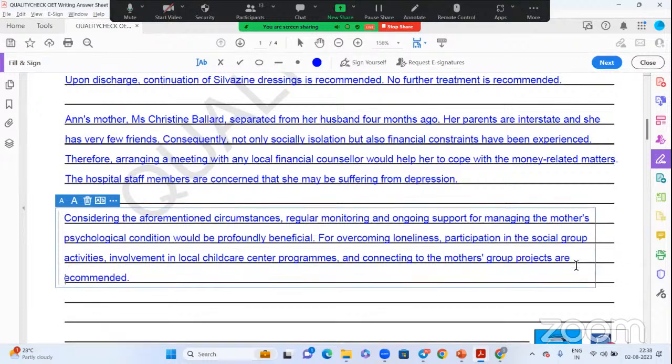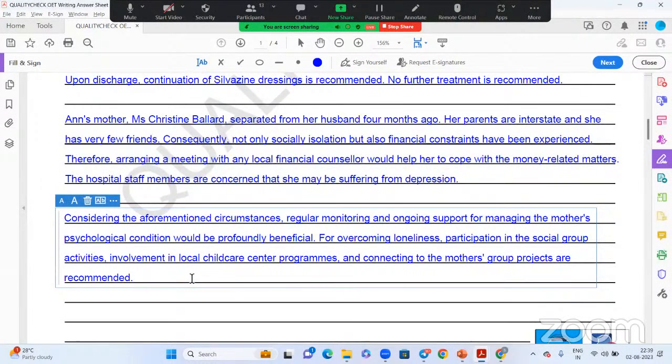So you are writing a letter, you are encouraging her to do something. Finished. So this is the way how you have to say.